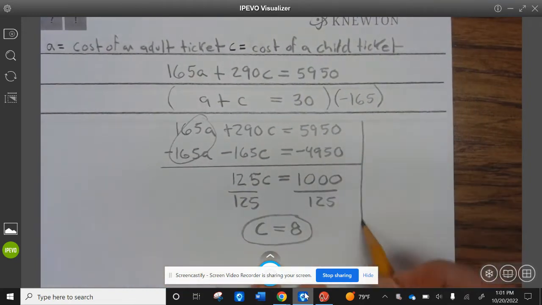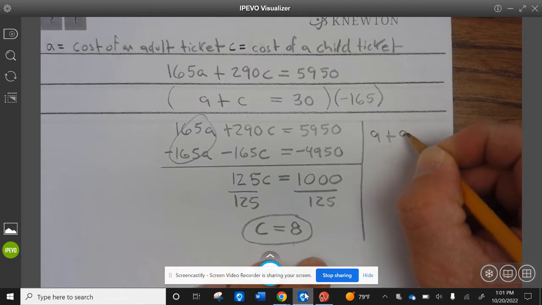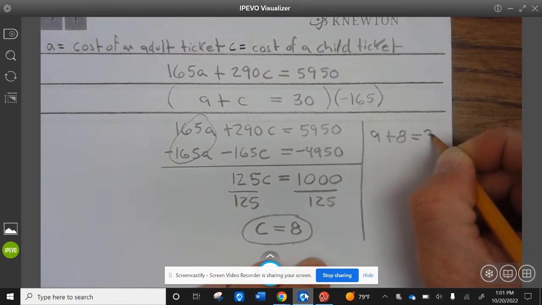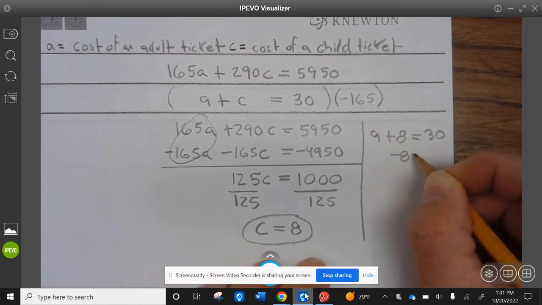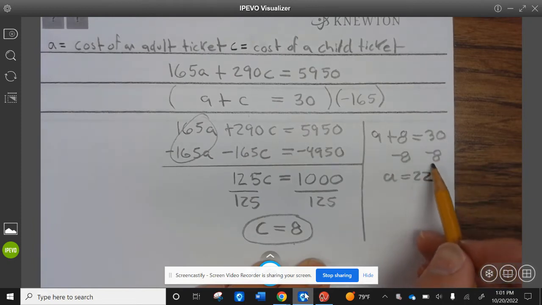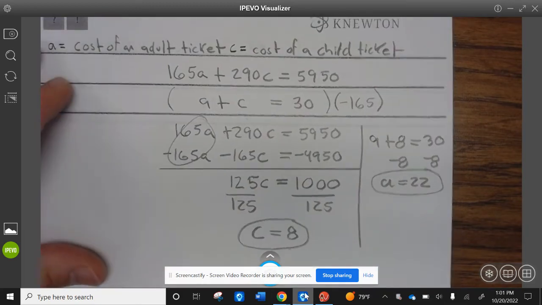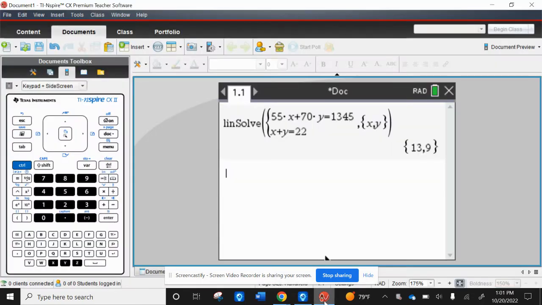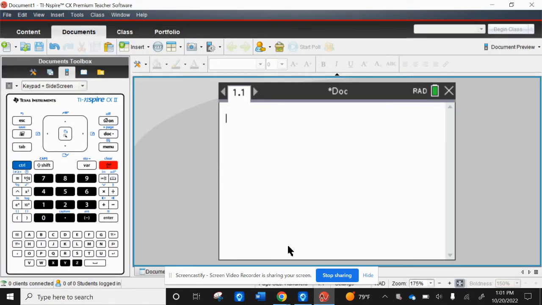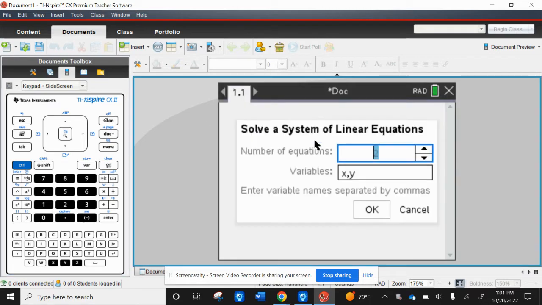Now we're going to plug that into the second equation and solve for A. So A plus 8 equals 30. Subtract 8 from both sides. A equals 22. Okay, so let's check our work. I'm going to go to Menu, Algebra, Solve System.